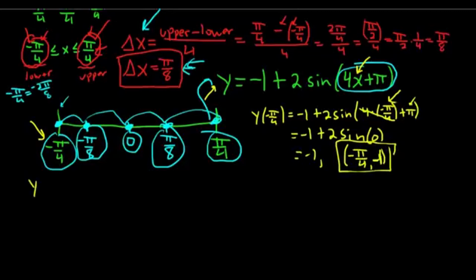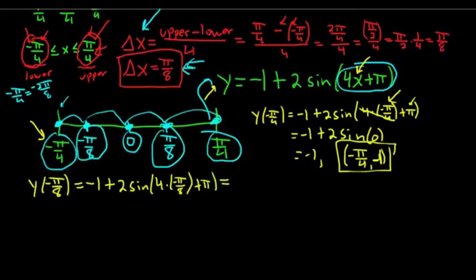So now we'll do y of negative pi over 8. So that's negative 1 plus 2 sine of 4 times negative pi over 8, plus pi. So that's negative 1 plus 2 sine, let's see. 4 goes into 8 2 times, so that's going to give you a 2 there.